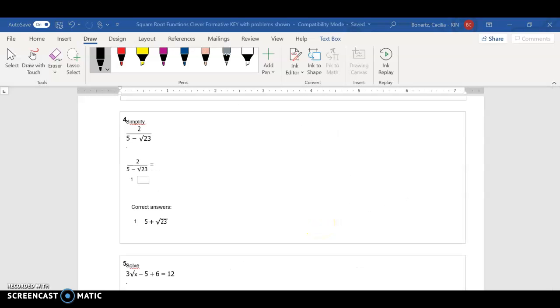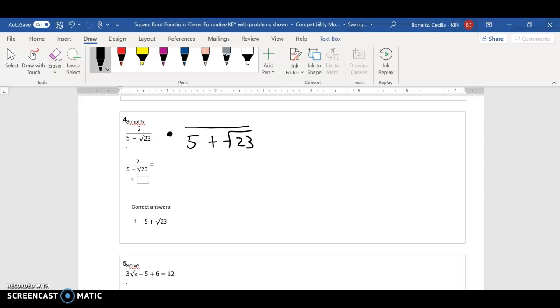This next problem was the only one on the formative that was rationalized in the denominator. So when I start off with a radical in the denominator, but it's only one of 2 terms, then I have to multiply both the numerator and the denominator by the conjugate. So I don't just multiply by the square root of 23, I multiply by the conjugate, which is the same terms, and the opposite sign.